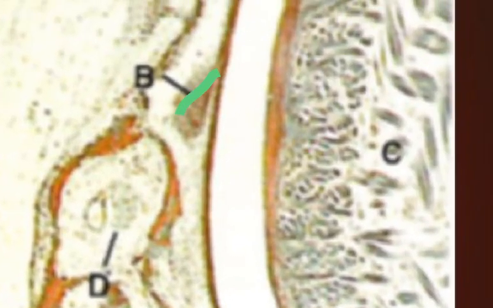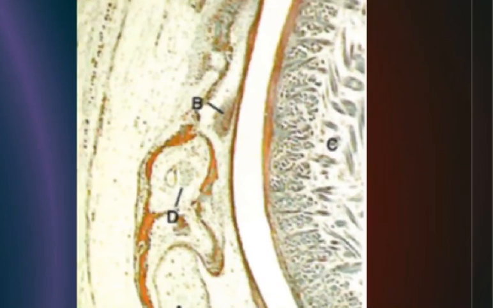The nerve is a solid mass, like this. This is called the inferior alveolar neurovascular bundle. It has the inferior alveolar nerve, inferior alveolar artery, and inferior alveolar vein. Here we see the developing tooth germ, which is at the bud stage at this age.